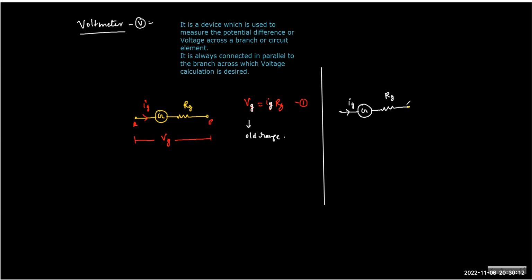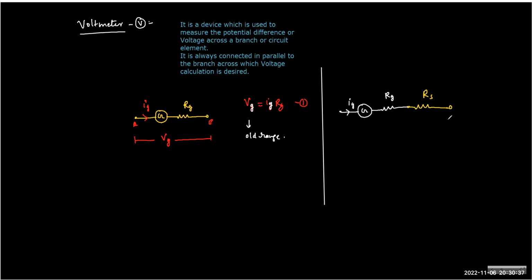So what we do is we connect a resistor in series, and again this will be none other than the new shunt resistance. And mind it, this shunt is not the same as the old shunt which we got for the ammeter. Shunt is context based, so here the requirement is different.